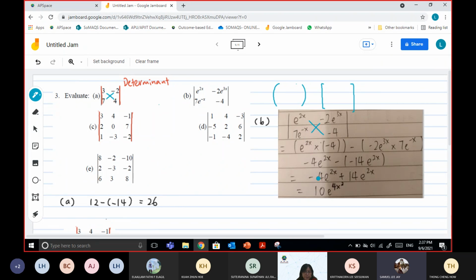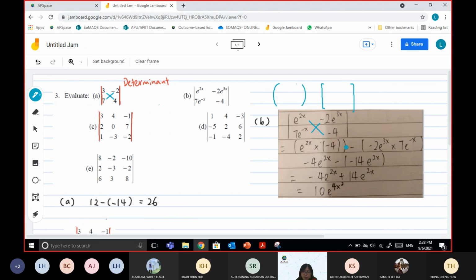I think it's supposed to be e^2x instead of 4x squared because it's plus, not multiply. Which one are you mentioning? Okay, you mentioned B, the final answer for B. I think it's 10e^2x. Yes, I saw the error here.